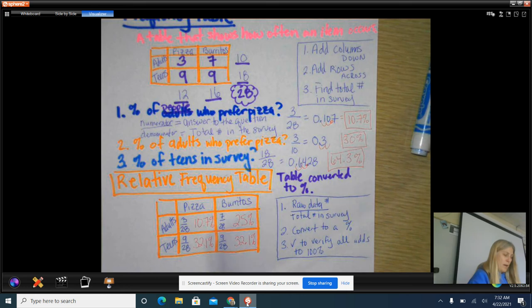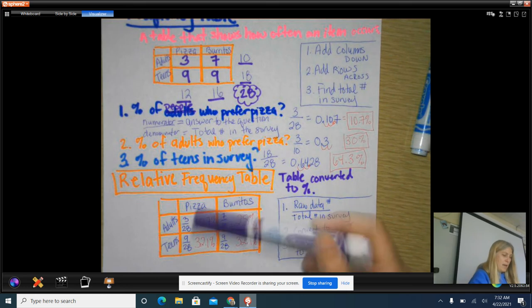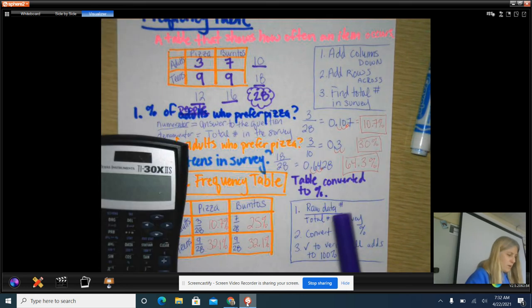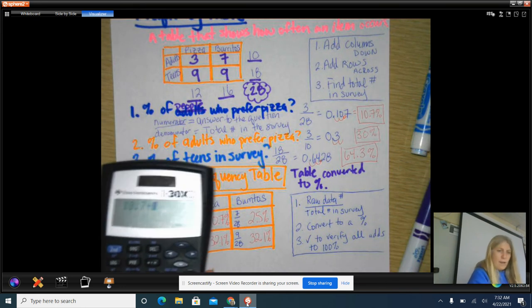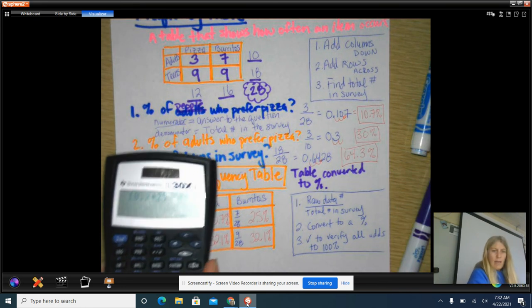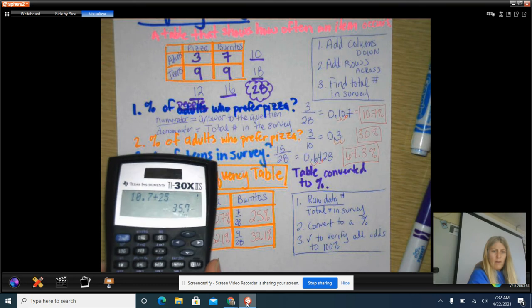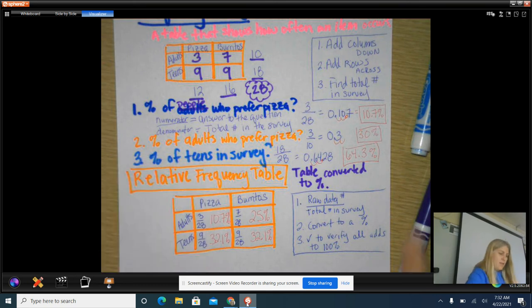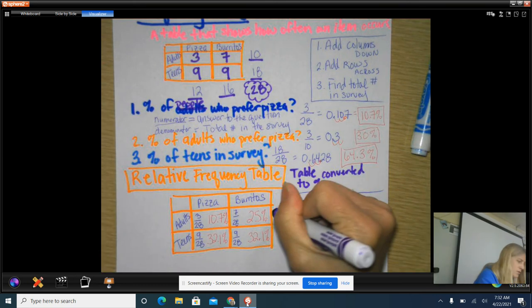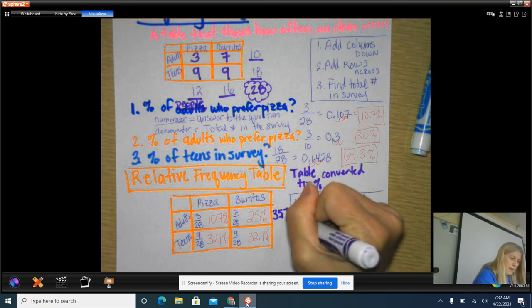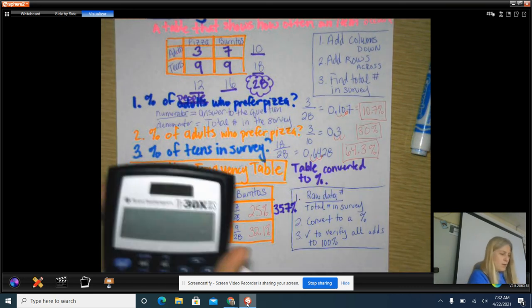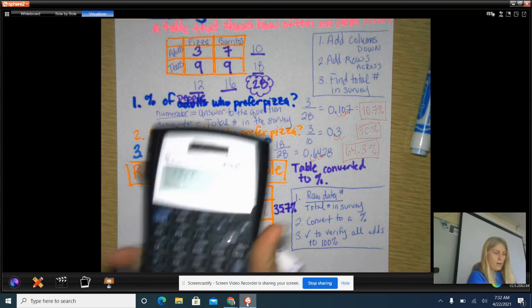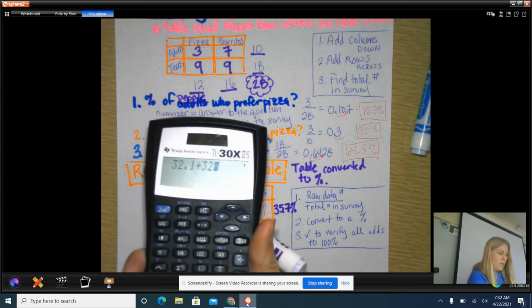So we're going to go ahead and add those going across and add those going down. So we have 10.7 plus 25, and we have 35.7% of adults in the survey. And then we have 32.1 plus 32.1.